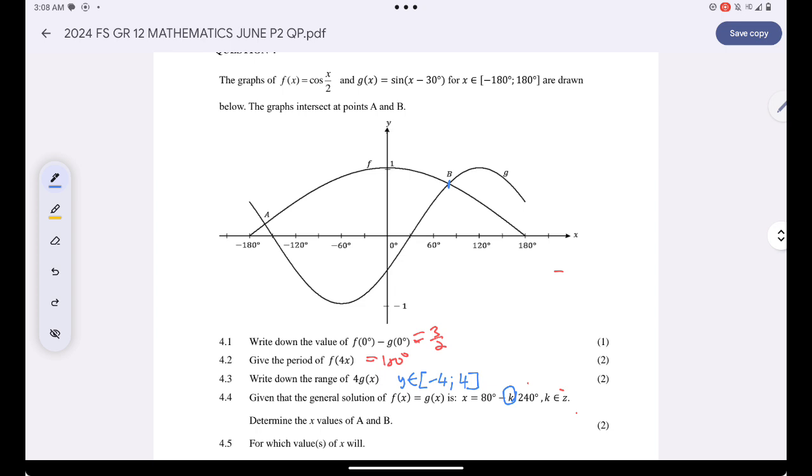So the x value at b will be 80 degrees. The x value at a, since a is on the negative side, whenever I put 1 there for k, I'll have 80 minus 240, which will be negative 160.